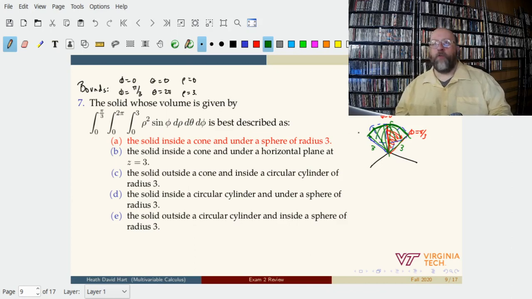So it's not a cone with a flat top, it's a cone with a curved top. It's inside the cone, but it lies under a sphere of radius 3. This curve being part of a sphere. Okay? And so that's what's going on here. We get a shape that's kind of like a snow cone.